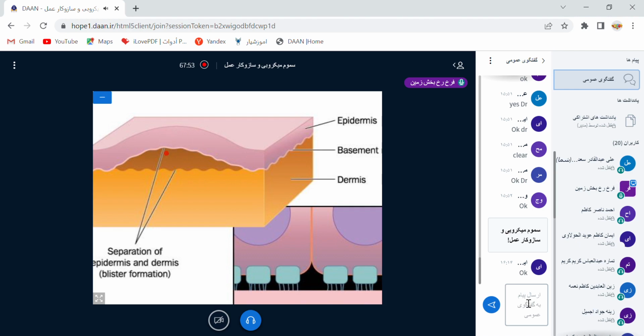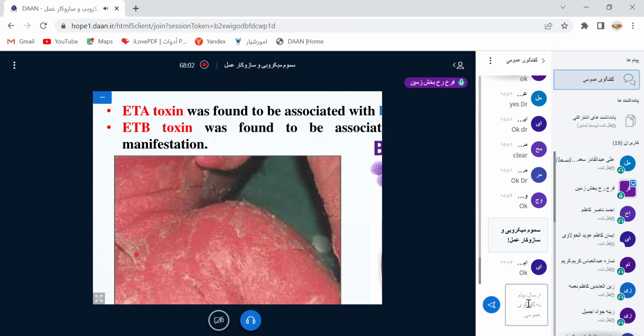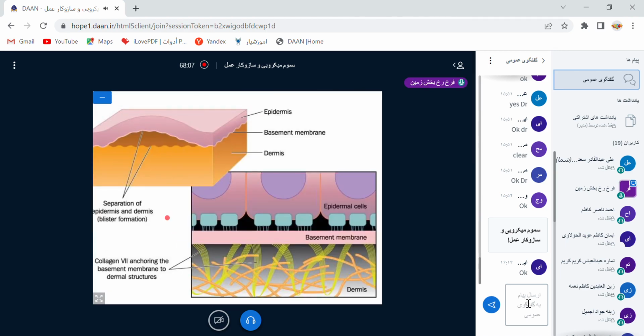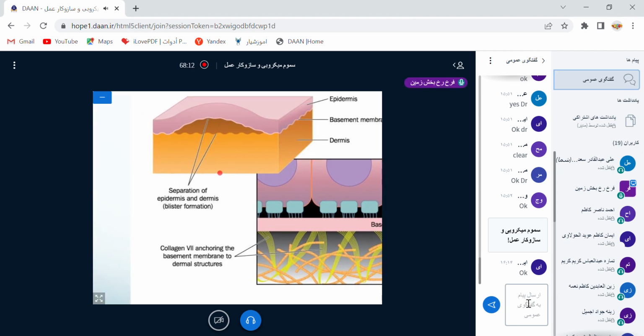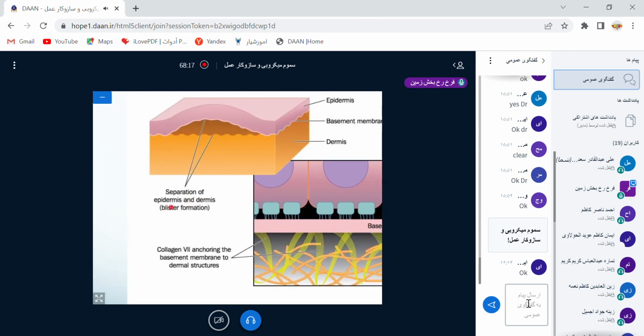This bacteria, with the help of its toxin, likes to remove this part. This toxin wants to remove the epidermis, wants separation of epidermis and dermis, blister formation. So now it is blister formation.